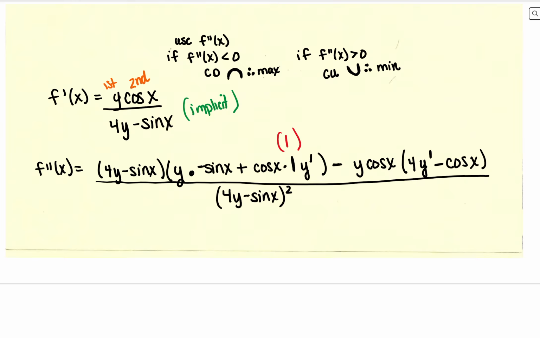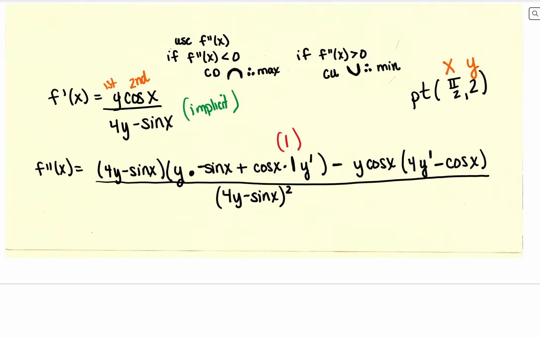All right, now we're going to plug in our values. Everywhere there is an x, we're going to put in the point. Remember that point we just had? That point was pi over 2, 2. So everywhere there is an x, I'm going to put in pi over 2. Everywhere there is a y, I'm going to put in a 2.